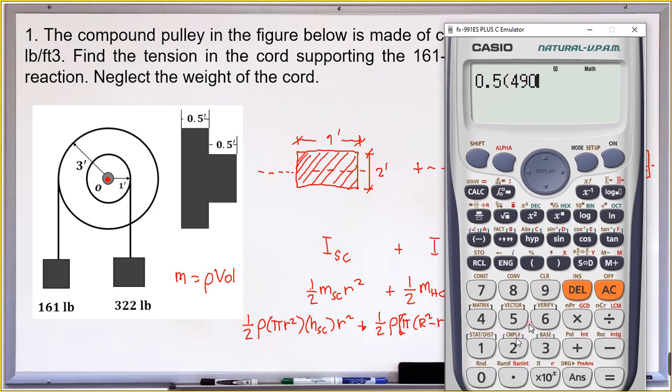So 490 times pi, then r squared and r squared, we can combine these and this will become r to the fourth. The radius of this solid cylinder is 1 foot, so raised to the power of 4 is still 1, times the height of the solid cylinder, which is 1 foot. So just 1. The result is 245 pi.